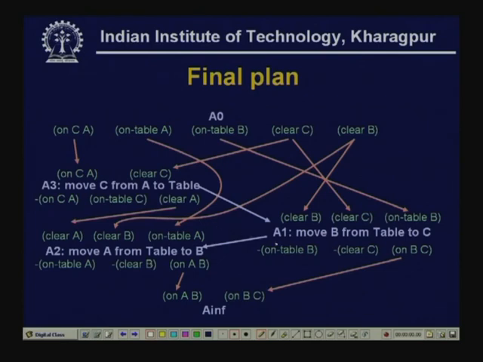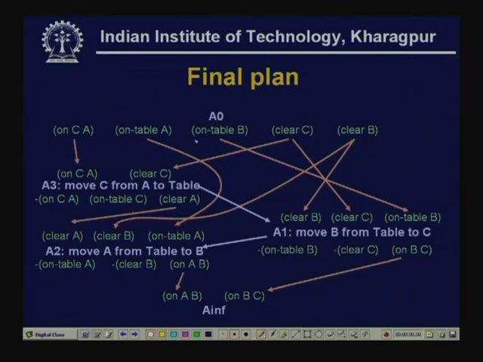So, why A3 then A1? Because actually A3 and A1 can come in any order. And yes, you see A1 deletes clear C, A3 requires clear C. So, we cannot put A1 between A0 and A3.